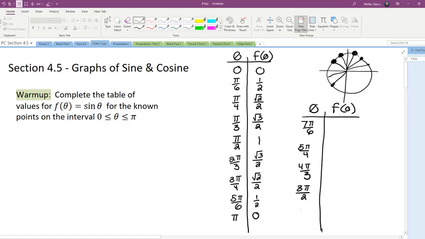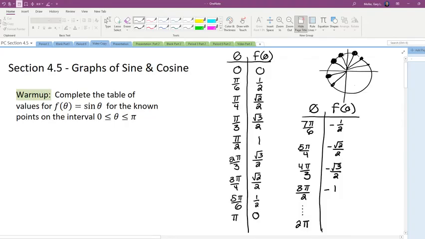And then maybe we'll just jump down and do 2 pi. That should be enough. All right, so 7 pi over 6 is going to be the same answer as 5 pi over 6, so we're going to be a half, but this time it's going to be negative. And this is going to be negative root 2 over 2. This is going to be negative root 3 over 2. And then 3 pi over 2 is going to be negative 1.